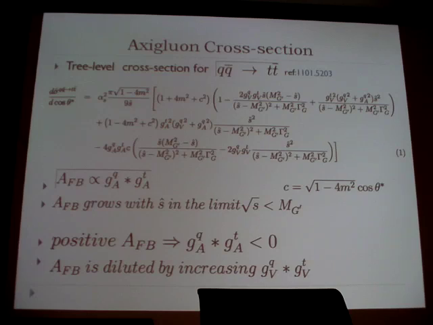Maybe the opposite way. Yes. So in order to make the number of events going forward small, then we need to flip the sign of one of these couplings. Okay, thanks.